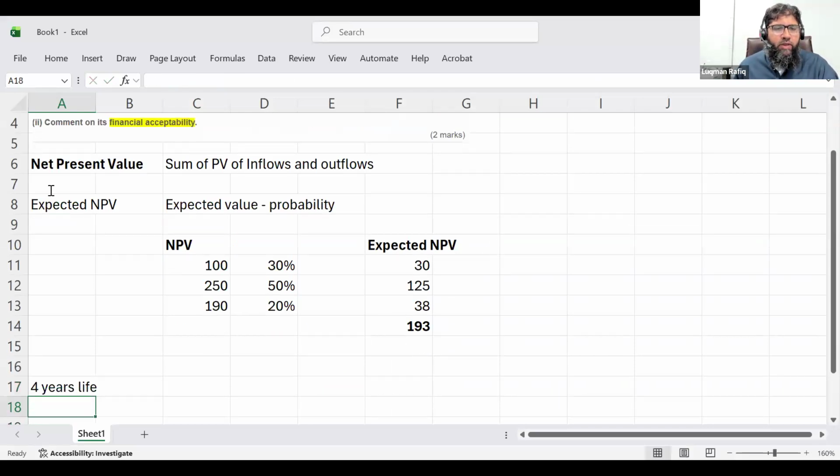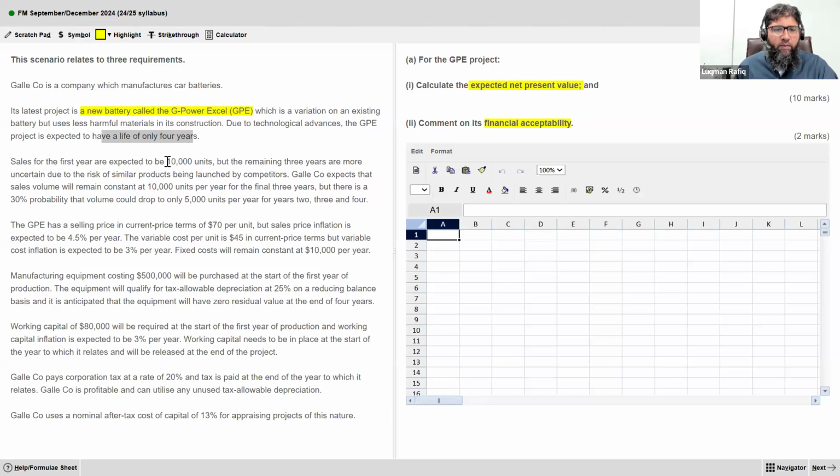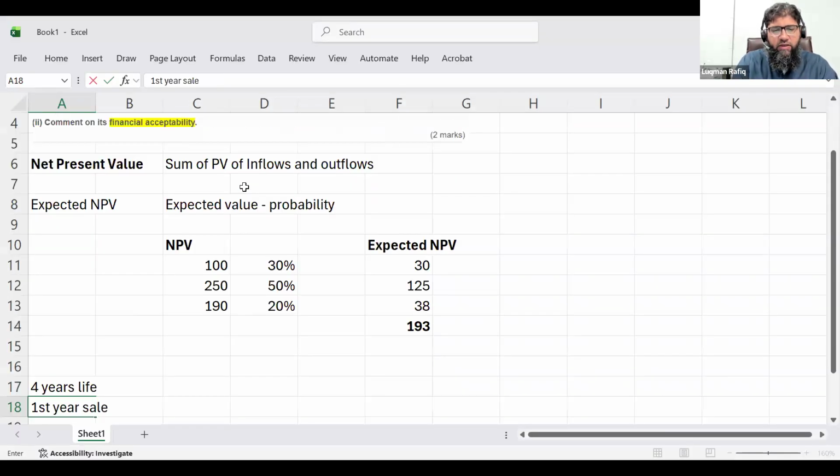Now what next is there? Sales for the first year are expected to be 10,000 units, but the remaining 3 years are more uncertain due to risk of similar products being launched by competitors. So first year sales are going to be 10,000 units.